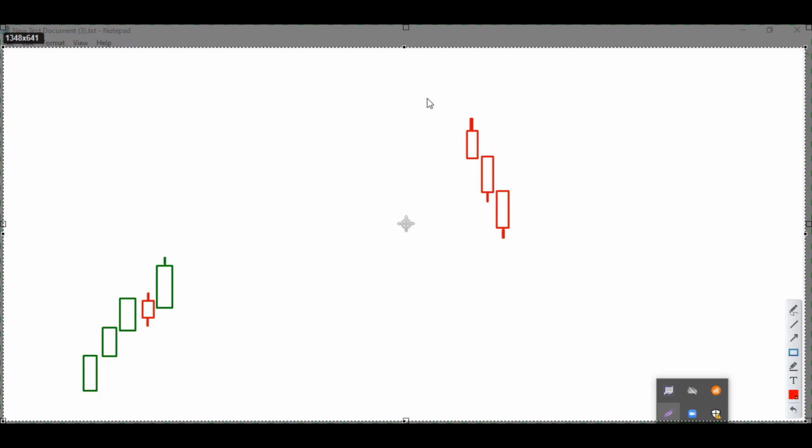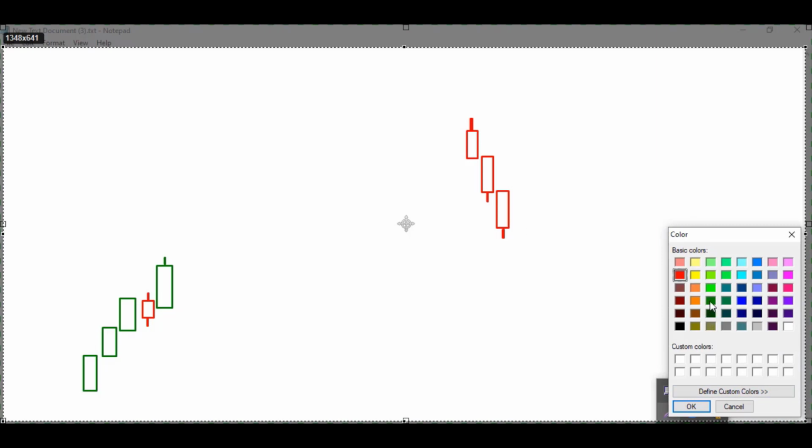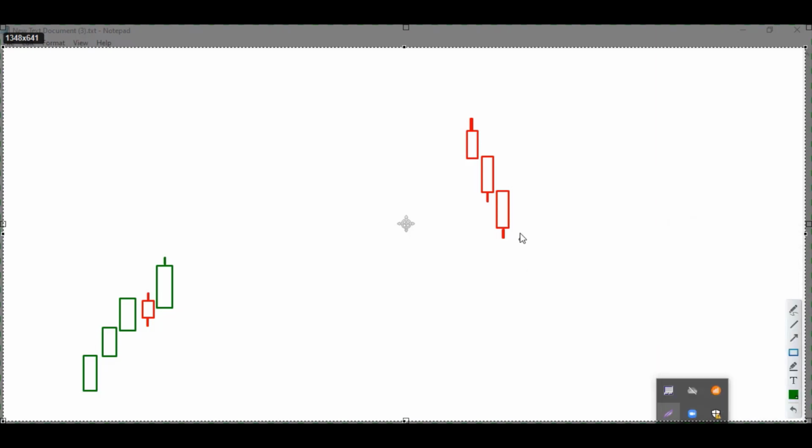It's not a big issue, but in a strong downtrend or a strong uptrend, when suddenly we find this type of candle, the next candle obviously goes down.